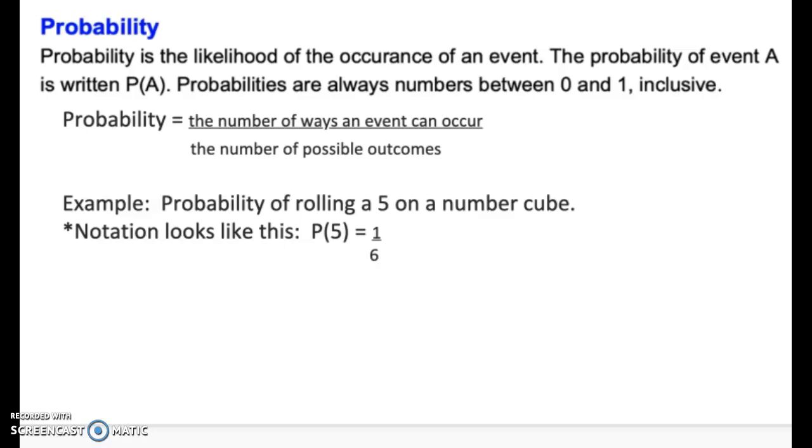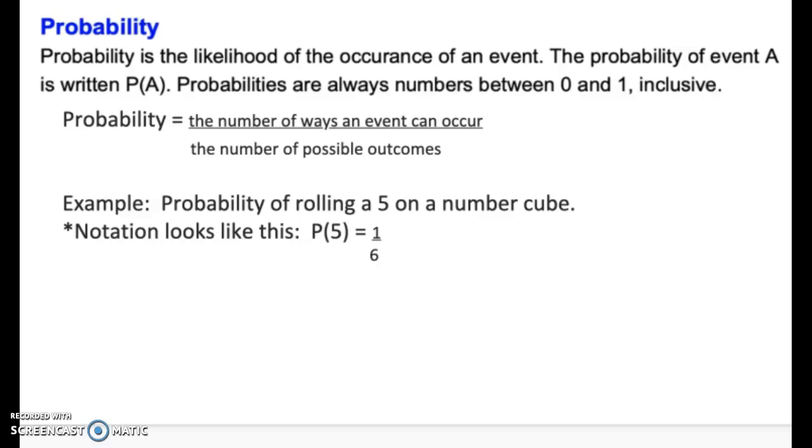Probability is calculated by figuring out the number of ways an event can occur and putting that over the number of possible outcomes there are altogether. Here's a quick example. The probability of rolling a 5 on a number cube. The notation looks like this. Capital P and then in parentheses 5.